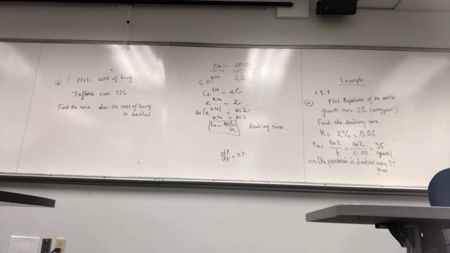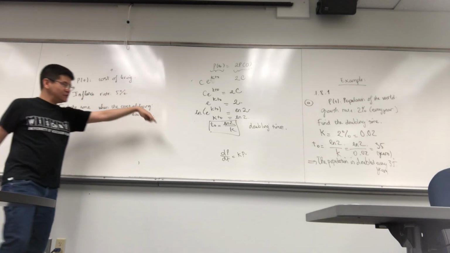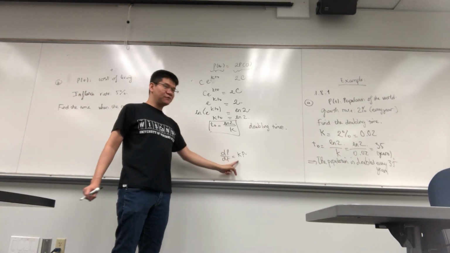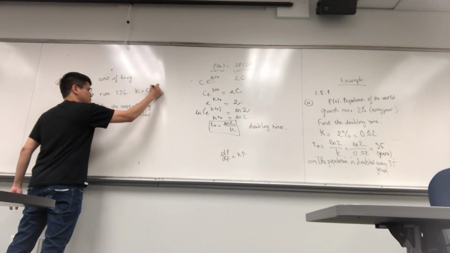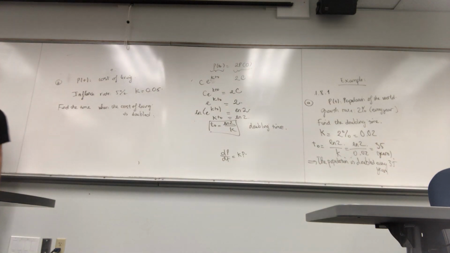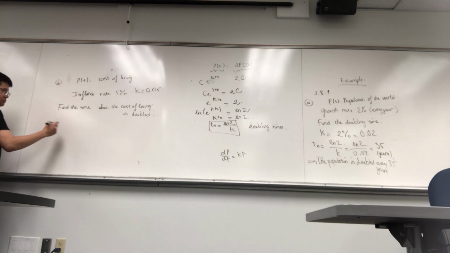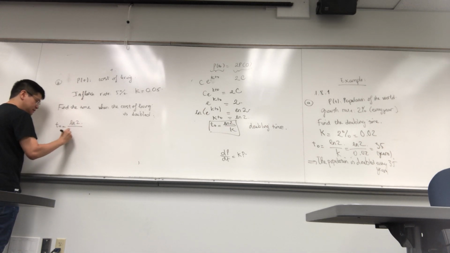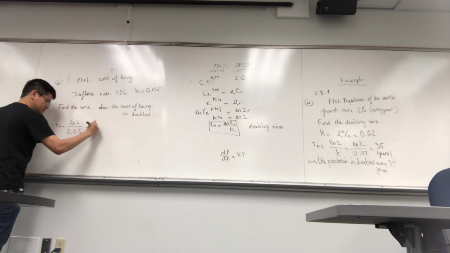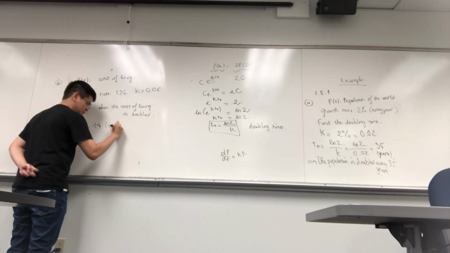Yes? ln of 2 over 0.05. Yes. In this case, the inflation rate will be this constant k that we have here. So k is 0.05. So the time t0 will be log of 2 divided by 0.05, and this is 14 years.